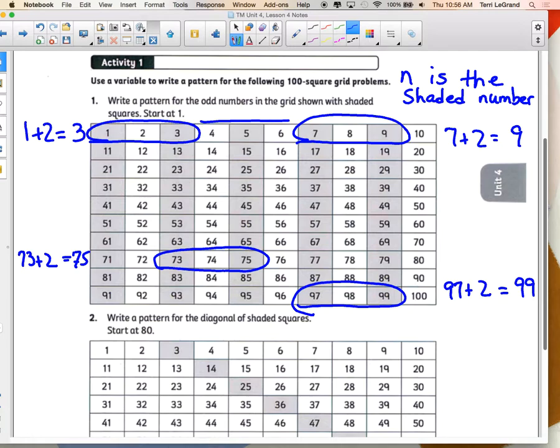And who's got the algebraic description of what we just said? Sylvia? N plus 2 equals. Remember I said you don't have to do an equation, so we get to stop at n plus 2. Add 2 to the shaded number, and it'll get you the next shaded number.